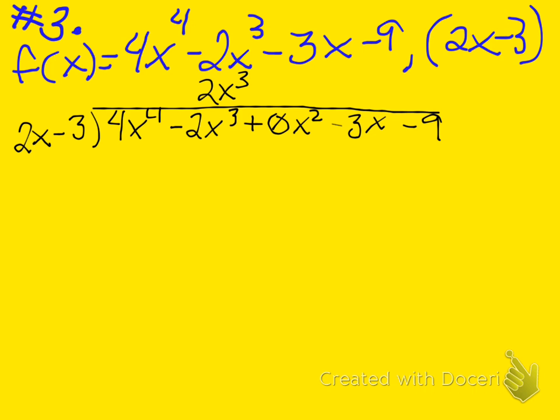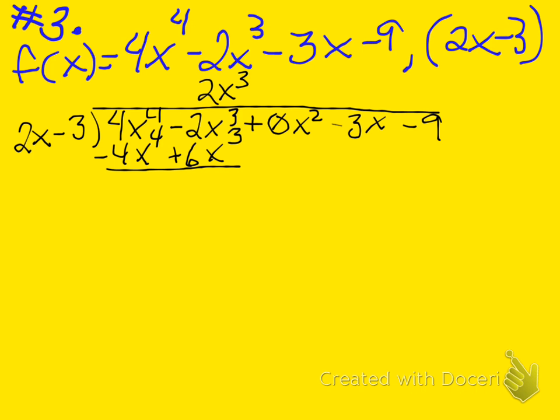I'm going to do 2x cubed times 2x. Well, 2x cubed times 2x is going to be 4x to the fourth power. Then you distribute to the next term. 2x cubed times negative 3 is going to be negative 6x cubed. But because we are subtracting, you change the signs of both.